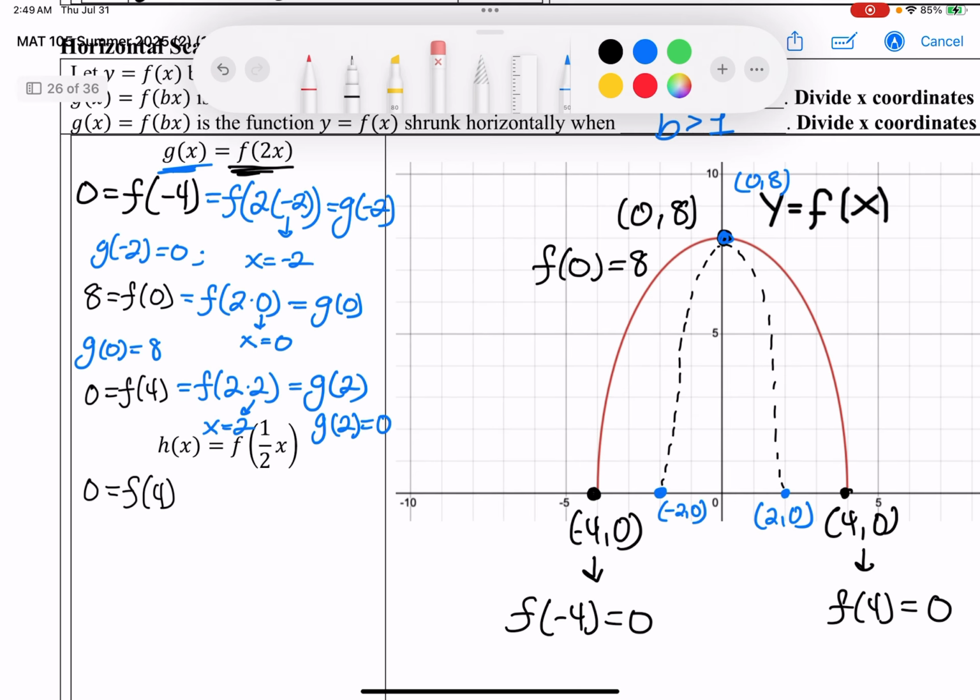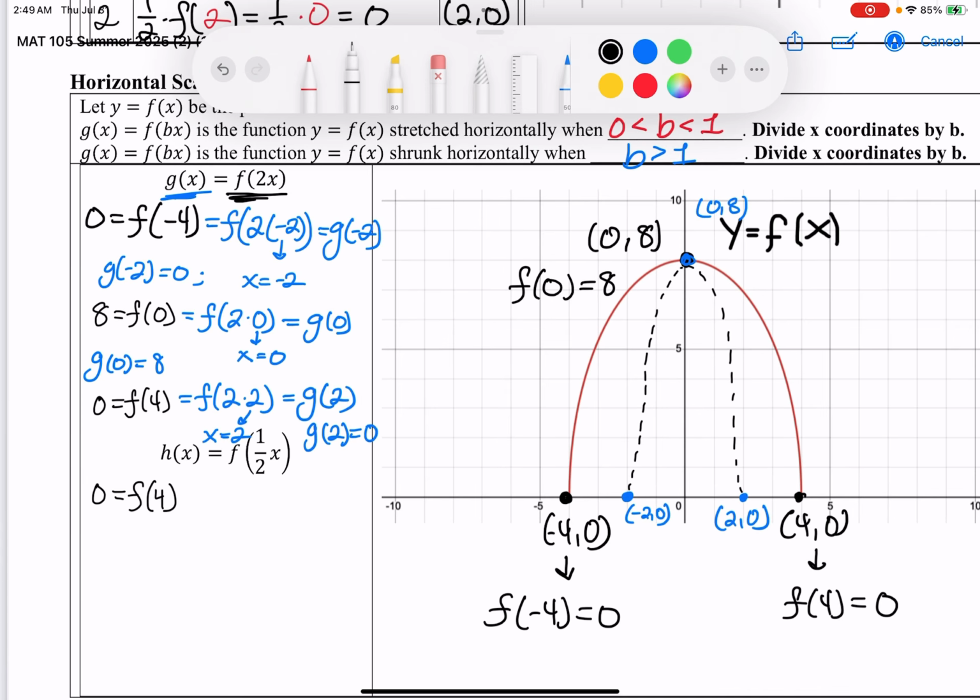Now, I want to get my f function to look something similar to 1/2 times something. So we have to ask ourselves, and I'll put that in red in this case, half of what number gives us 4? Half of what number gives us 4? And that's 8.